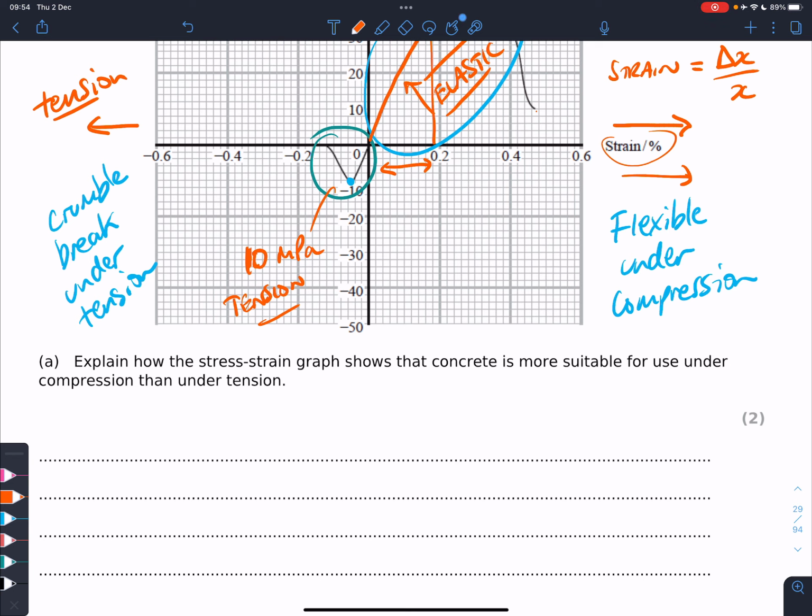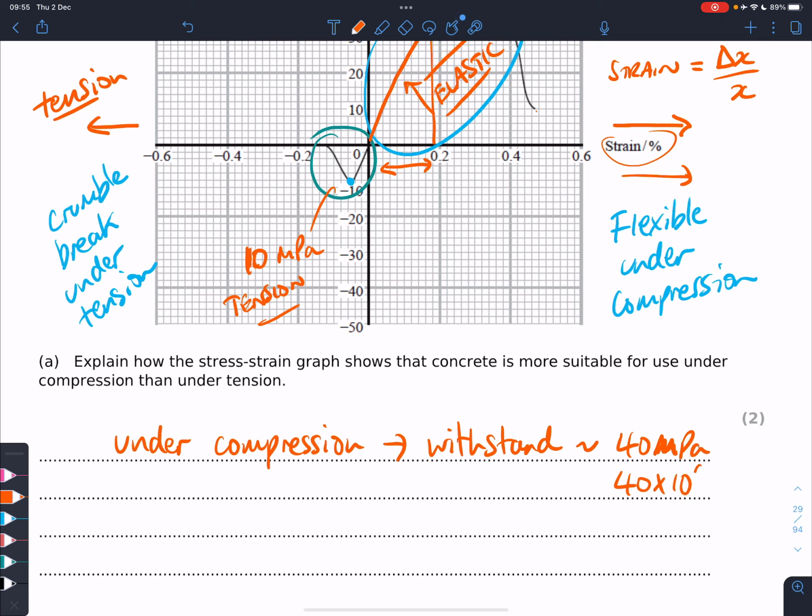So the graph shows that under compression, it can withstand up to about 40 megapascals. That's 40 times 10 to the 6 pascals. That's quite a lot of pressure, if you like.